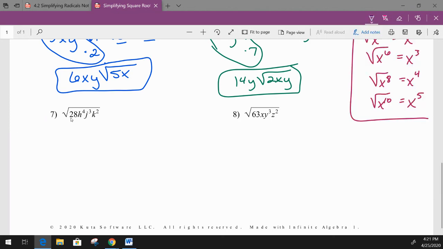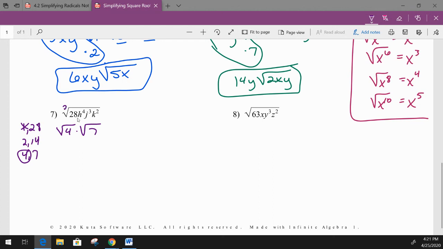easiest if you just list your factors of 28. So 1 and 28, 2 and 14, 4 and 7. So can't use 1 to simplify, but 4 is a perfect square. So square root of 4, square root of 7. So I'm factoring the square root of 28 into the square root of 4 times the square root of 7.